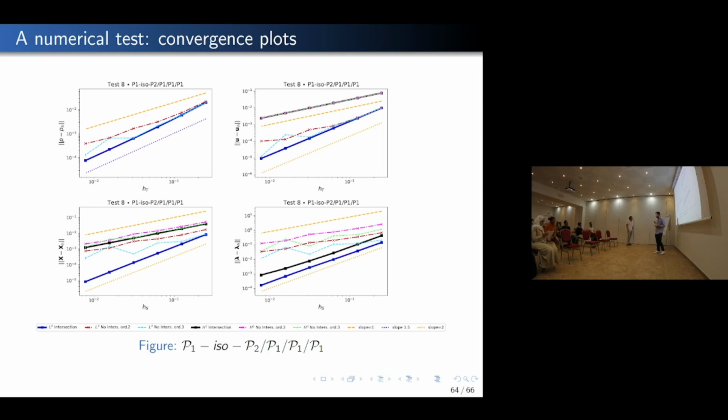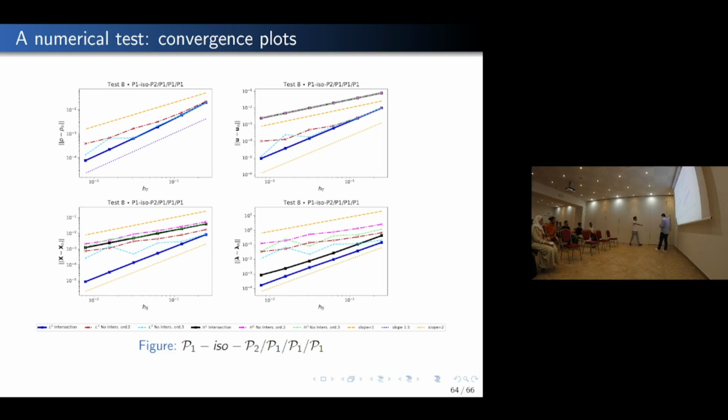This is a pressure element. So we have 3 degrees of freedom for the pressure. Since for the velocity we need 6 degrees of freedom, basically we have a submesh for the velocity.